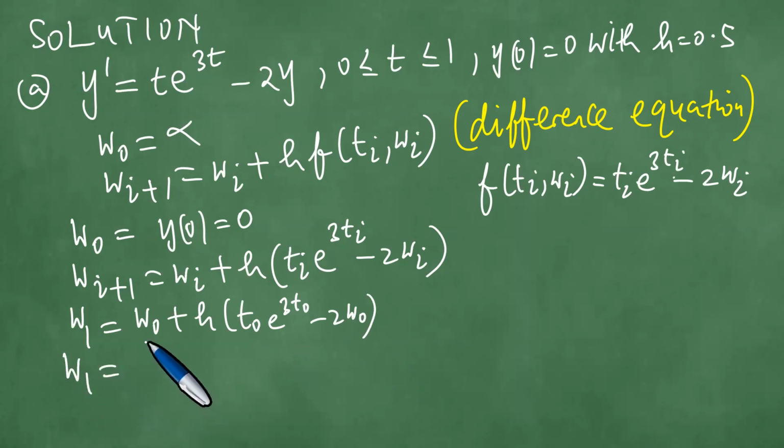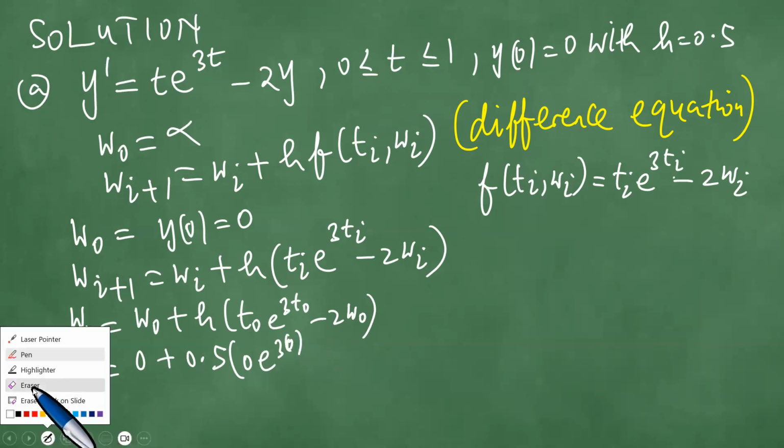Which means W0 is 0 plus, what is H here? 0.5. So it's 0.5 times T0. We saw that T0 is 0. It's 0 e to the 3 times 0.